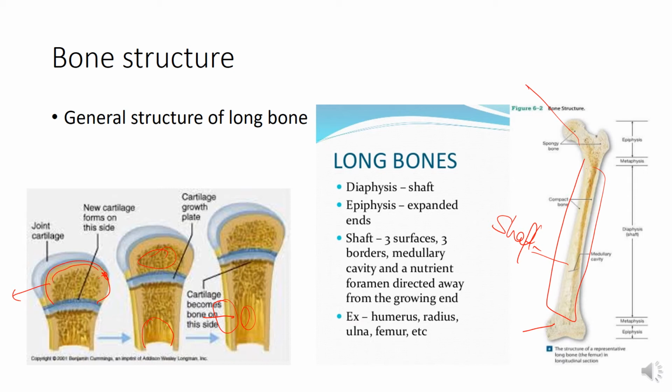The diaphysis and epiphysis are separated by the epiphyseal cartilage, or growth plate, which ossifies when growth is complete. Now, thickening of the bone occurs by the deposition of new bony tissue under the periosteum. So what is the periosteum? We will see in the next slide.